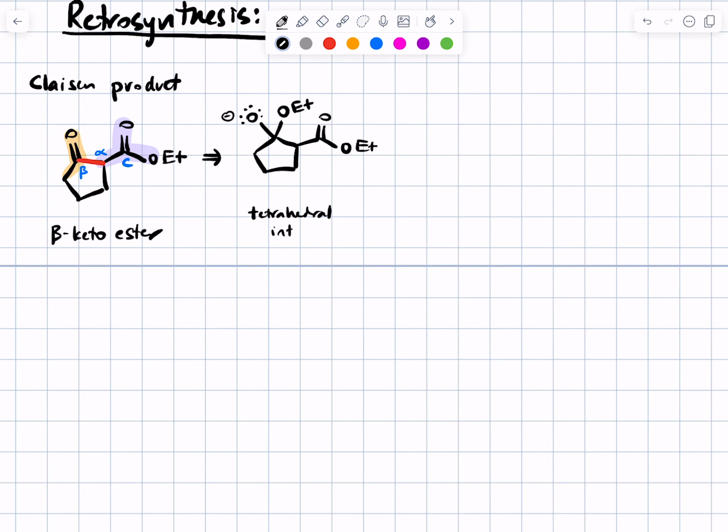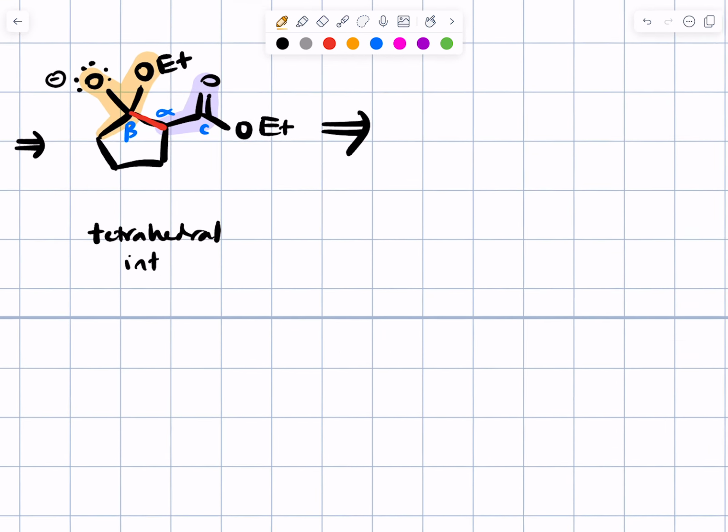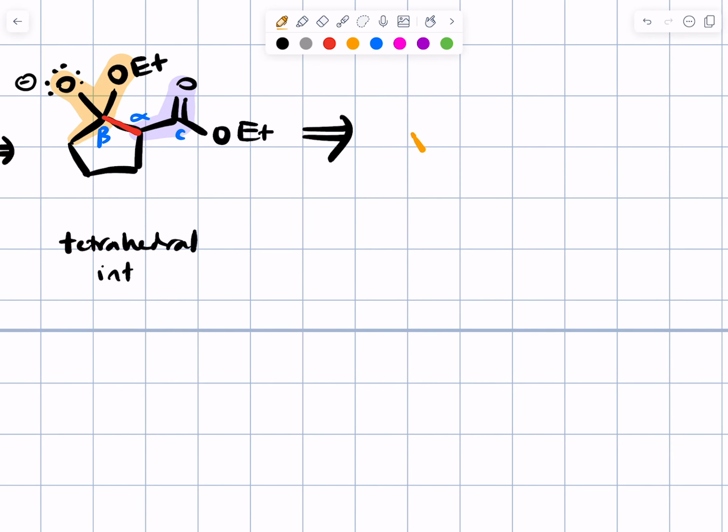Then the immediate precursor to that is where we haven't yet formed the bond between the alpha and the beta carbons. So the orange stuff is going to have been our electrophile, and the purple thing will have been our enolate.